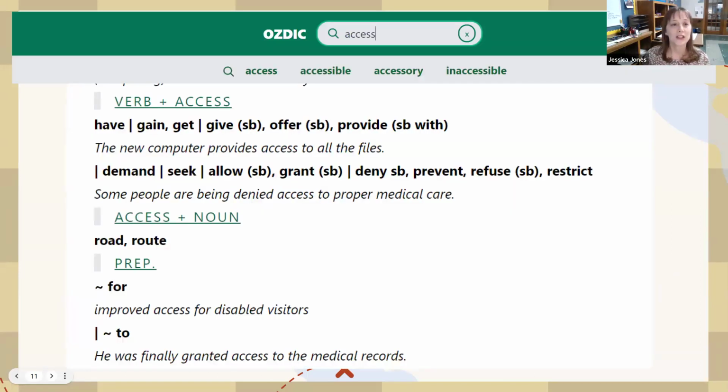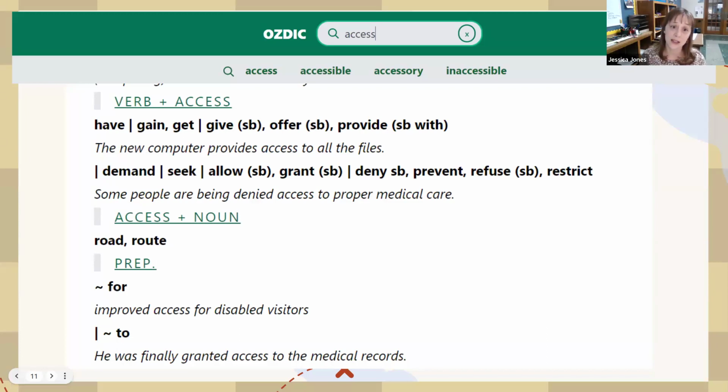The one that I use the most is called osdic.com. The name appears up at the top there. When you do a search, like I've done here, this is a screenshot for the word access, it will show you all of the forms of the word that it has available in its dictionary. That's what those green words up at the top are: access, accessible, accessory, inaccessible.